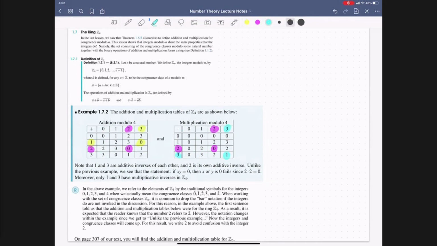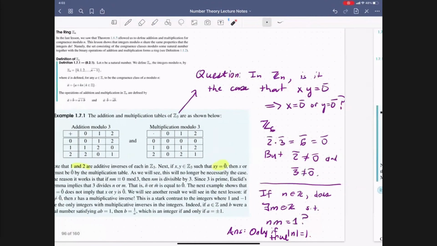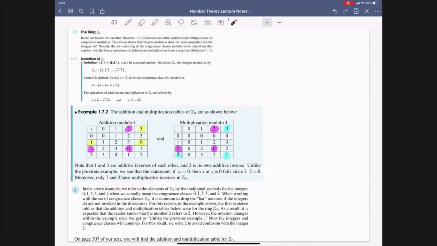And so we do have multiplicative inverses that don't satisfy the property that in the integers it has to be the absolute value of 1. So even though we have a failure of the multiplicative inverse property at 2, we're still okay with 3. And what we will be showing is that we have multiplicative inverses precisely when the number we are considering is relatively prime to the modulus.